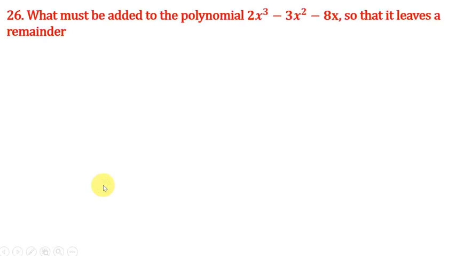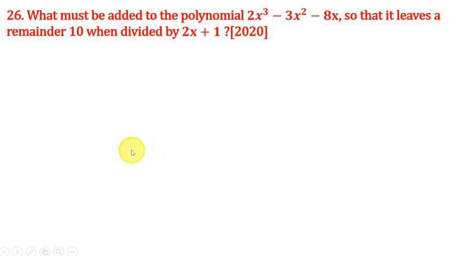Now next, what must be added to the polynomial 2x cube minus 3x square minus 8x so that it leaves a remainder 10 when divided by 2x plus 1? Now here the polynomial f of x is 2x cube minus 3x square minus 8x.